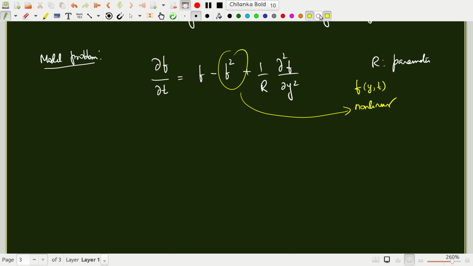Now, in order to solve this problem, we have to specify boundary conditions. So let's assume that f of y equal to 0 is 0 and f of y equal to 1 is 0. That's the domain between 0 and 1. So here this is the control parameter.